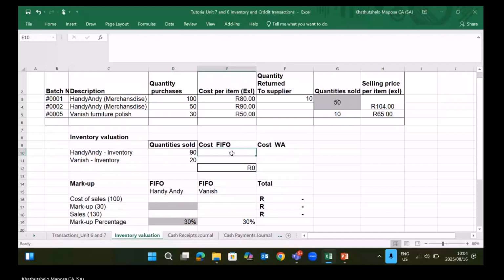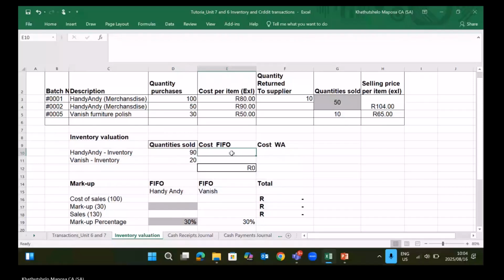If it's first in, first out, it means the first batch we had 90, and the second batch we have 50, because we returned 10, and then after selling 50, we're selling 50 of the first ones. So we're left with 40 on the first one, which is 40 multiplied by 80, which is 3,200, and then 50 multiplied by 90, which is 4,500, plus 3,200.